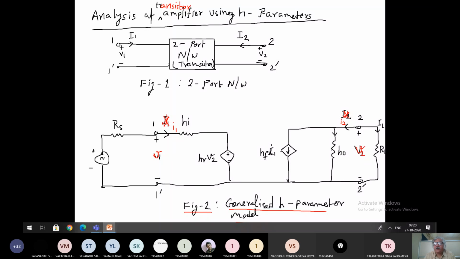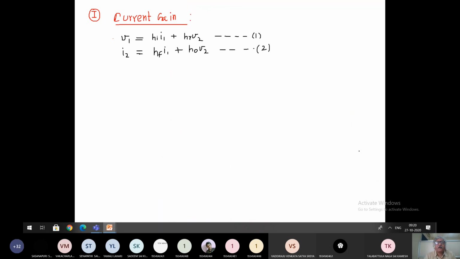And here you are having the current ho v2. So these are our two equations, right? So now we will find out the current gain. The current gain we denote by AI.